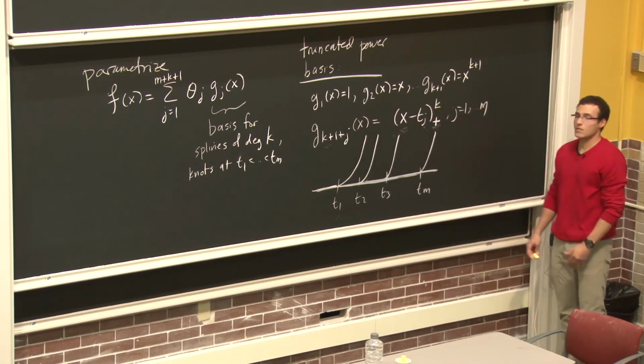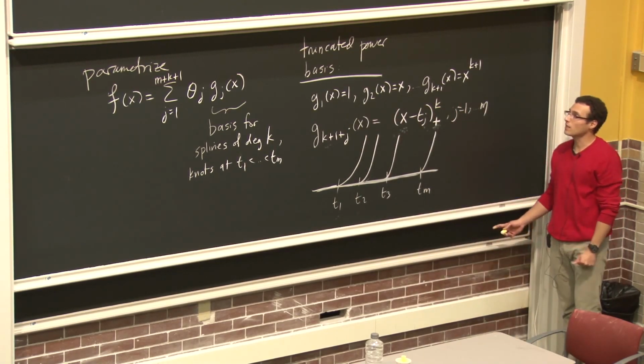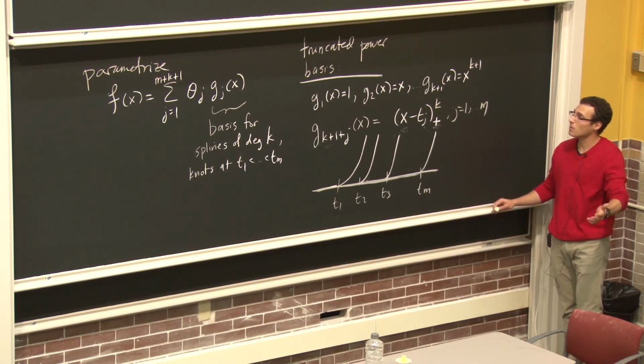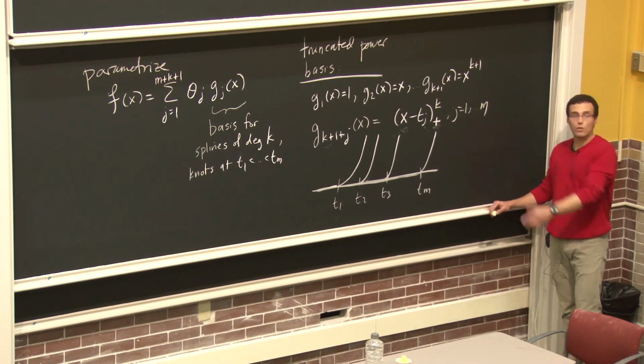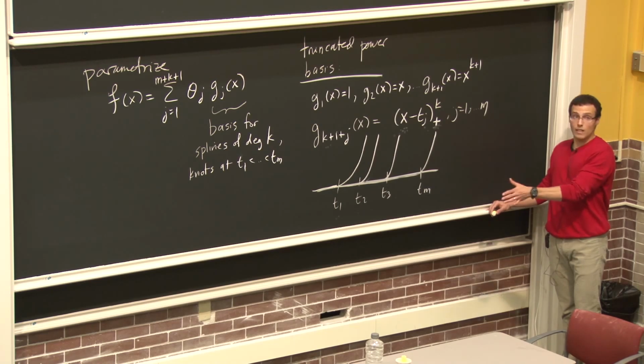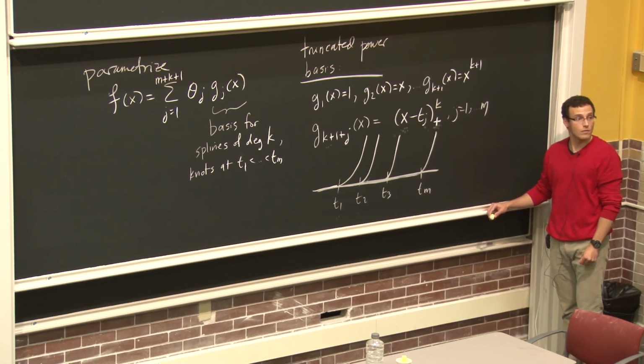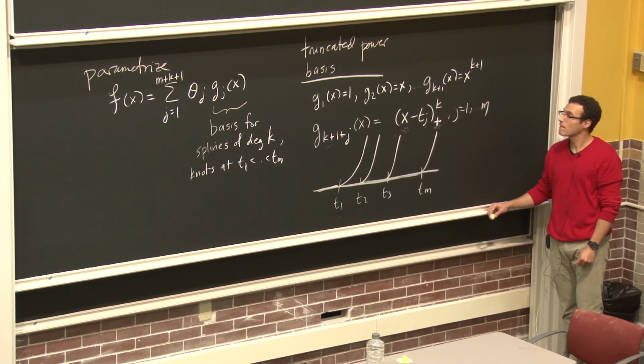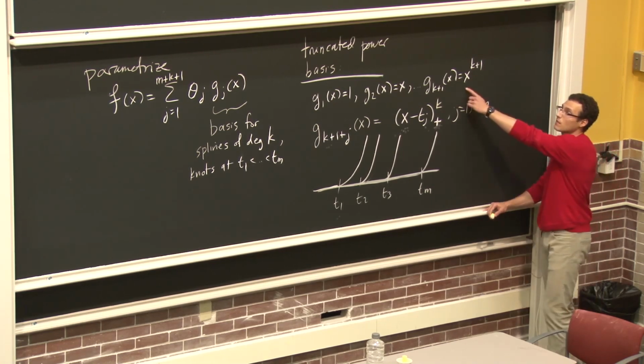It's a standard fact for people who study splines. Maybe it's the first homework problem they do. Should that be x to the power of k instead of k plus 1? Yeah, thank you.